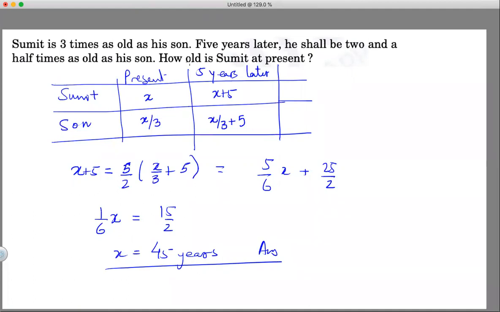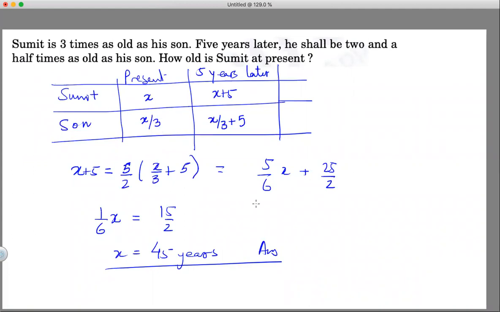Okay, so a good idea to do these questions so that you don't get confused is to first tabulate your data and then you put your relation. Don't try to directly put the relation because sometimes you can make an error there. Another thing is that it was quite tempting to use the son's age as x, right?